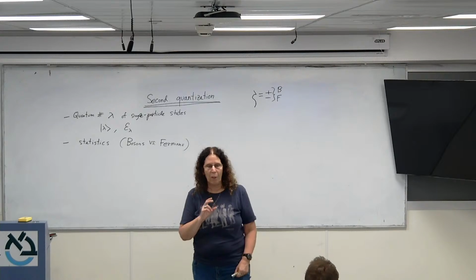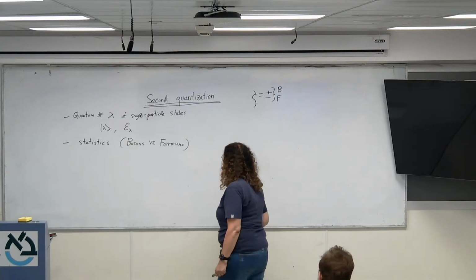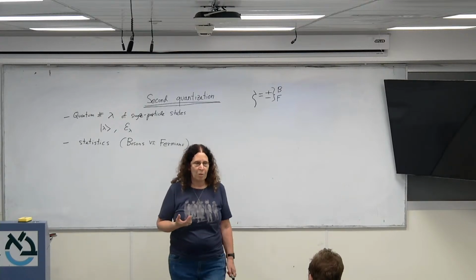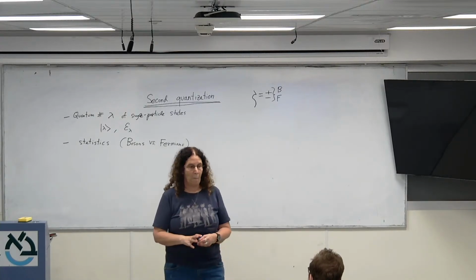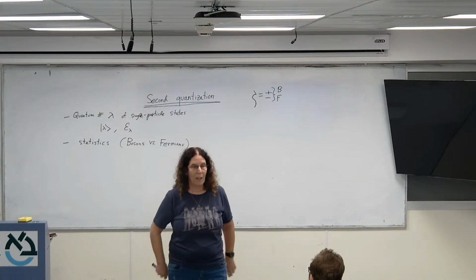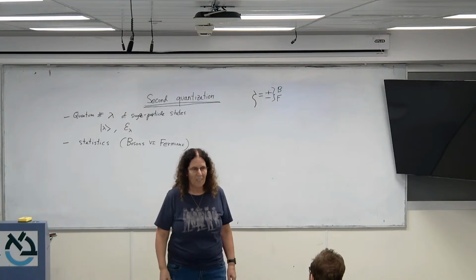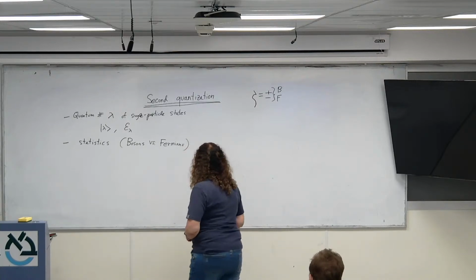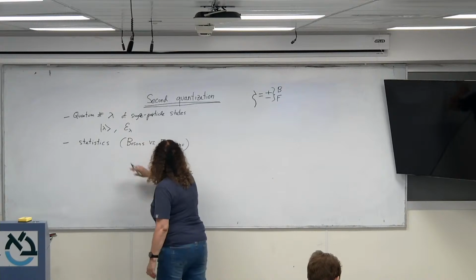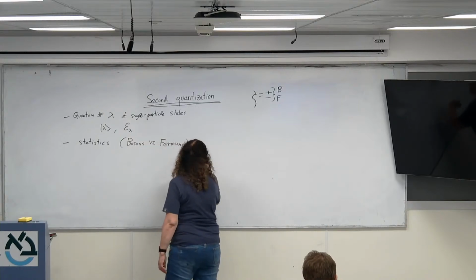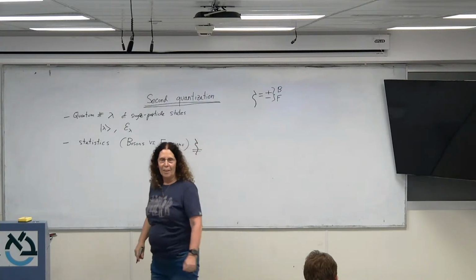And it comes together with constraints on the occupation, because fermions cannot occupy the same state, since the anti-symmetrization gives you zero. So the second piece of information we need is this zeta.